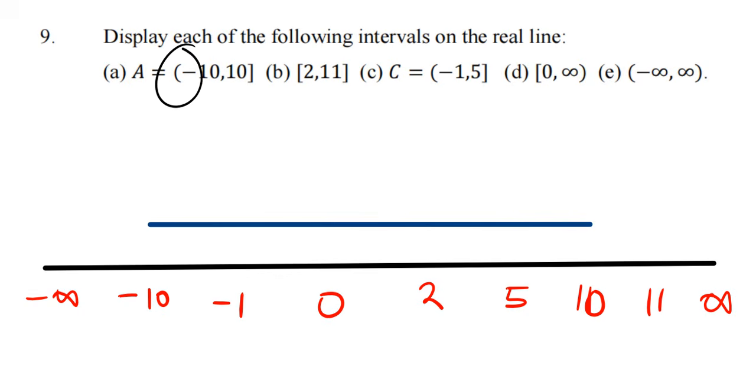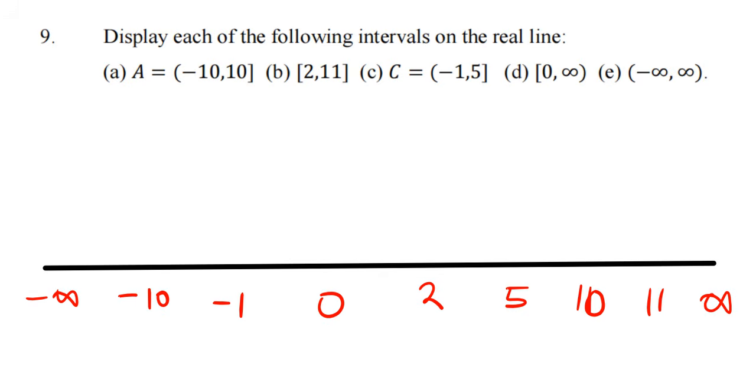So this is called an open closed interval. So in this case, at negative 10 I'm going to open. However, at positive 10 there, I'm going to shade like that. So negative 10 I'm opening, positive 10 I'm shading, because positive 10 is included.